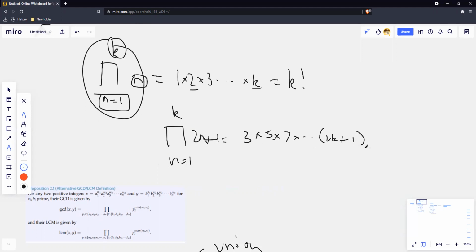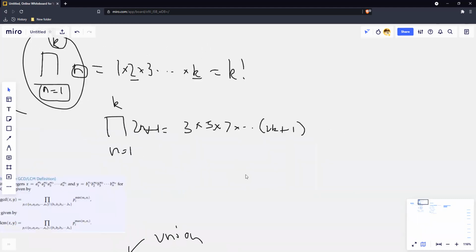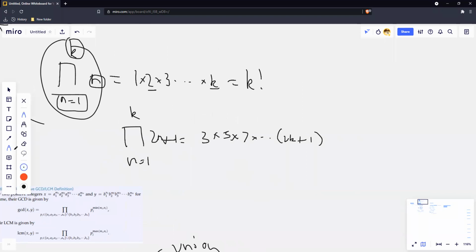You might recognize this as the multiplication of odd numbers. It's kind of like a double factorial, but it's not shown much in number theory, so you don't need to know it. For example, 7 double factorial is equal to 7 times 5 times 3 times 1, but no need to fret about this. It's very rare in competitions.